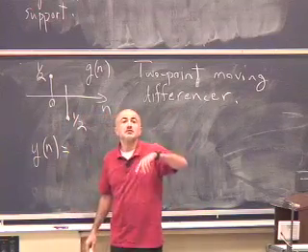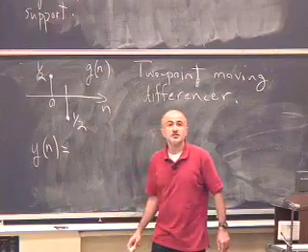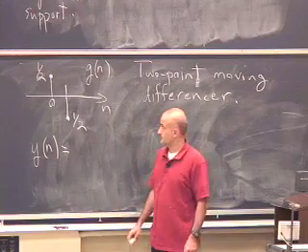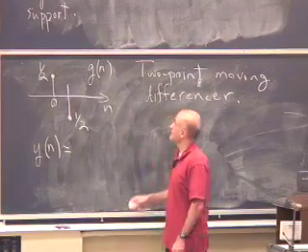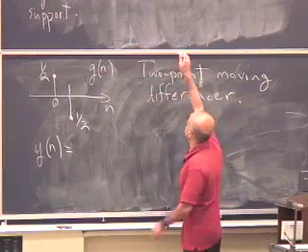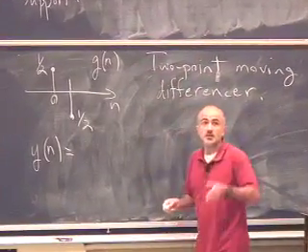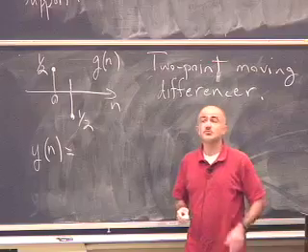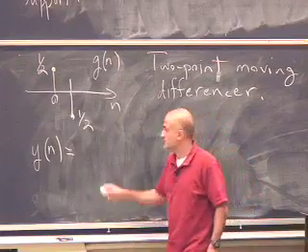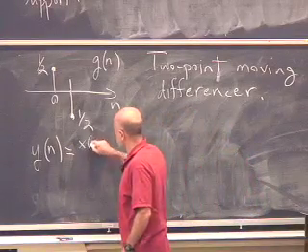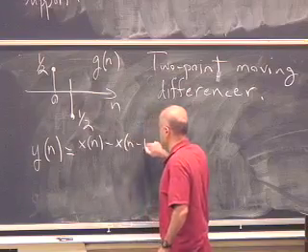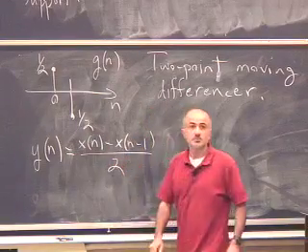What's your name? Jeremy. Can you tell me what it is? In the other case, it was y of n equals x of n plus x of n minus 1 over 2. What is this one? So 1/2 x of n minus 1/2 x of n minus 1, which is x of n minus x of n minus 1 over 2.